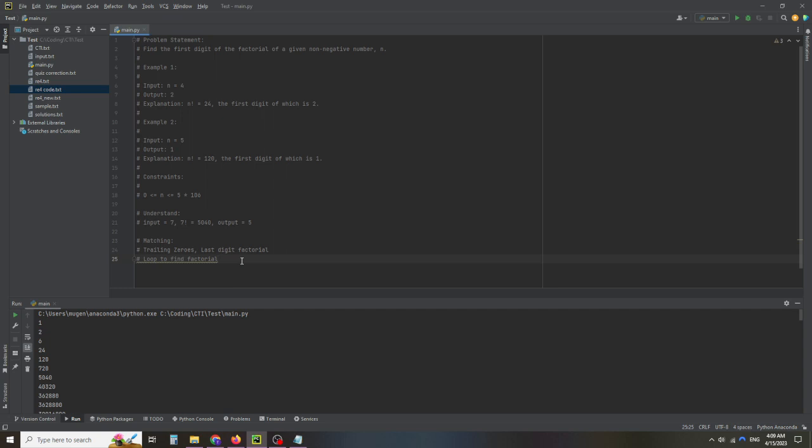And as suggested by Geeks for Geeks, I also need another loop inside to get rid of any trailing zeros, as multiplying by the next number won't affect the first number.